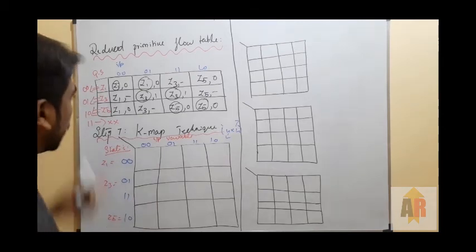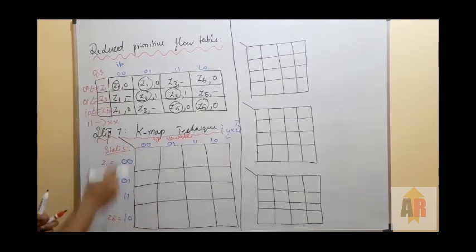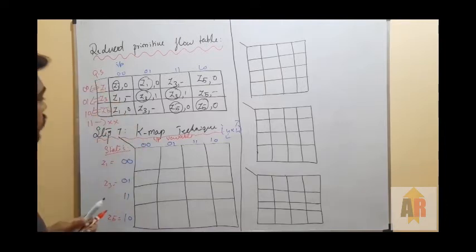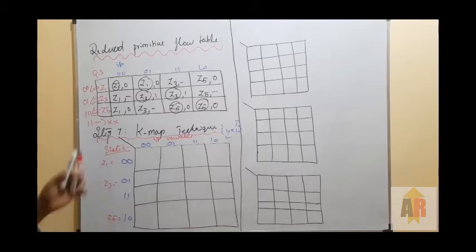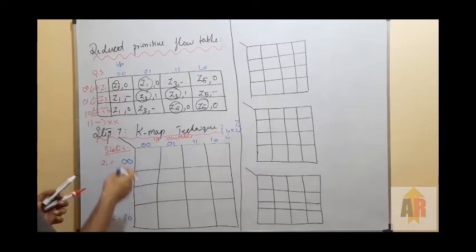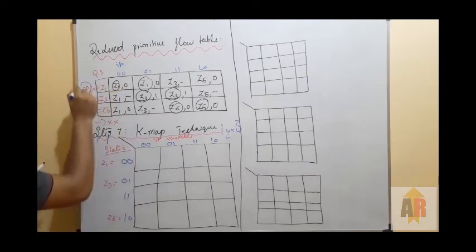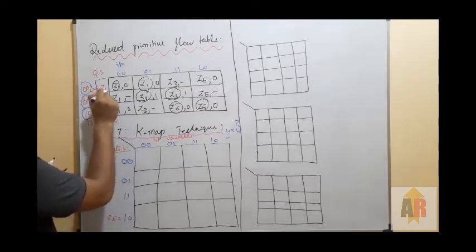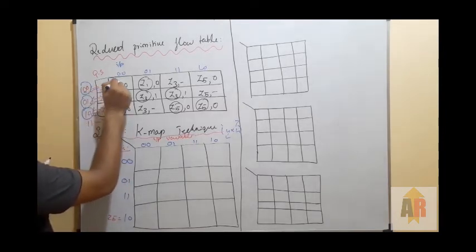Now how can we copy paste these values over here? Before doing that, while copy pasting it, assign this value. I just forgot to do that. Assign Z1 is equal to 0 0 over here.